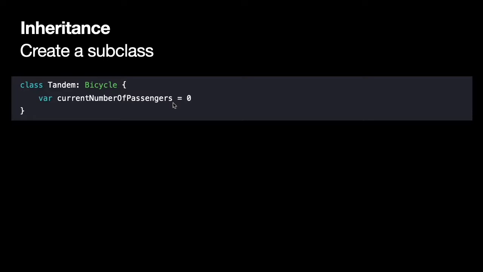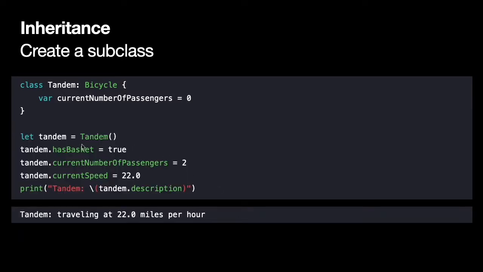The one exception is if all of the class's properties have a default value, then it gets an empty initializer. Classes also have the opportunity to have a deinit function, which is automatically called when the class is destroyed because it is no longer referenced by any memory.